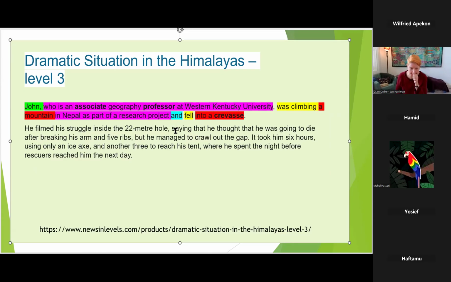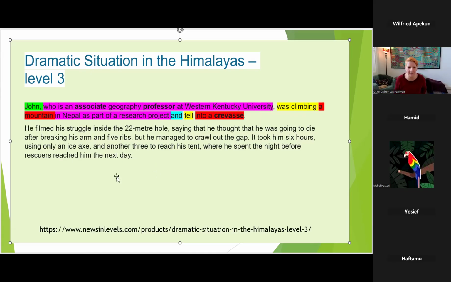We could, by the way, if we put this in a different tense, Wilfred, say John, who is an associate geography professor, climbed a mountain in Nepal and furthermore fell into a crevasse. Okay, it's not normal, but you see how that would work. It's additional information. It's the other thing that happened. I hope that makes sense. Or we could say, furthermore, he filmed his struggle inside.